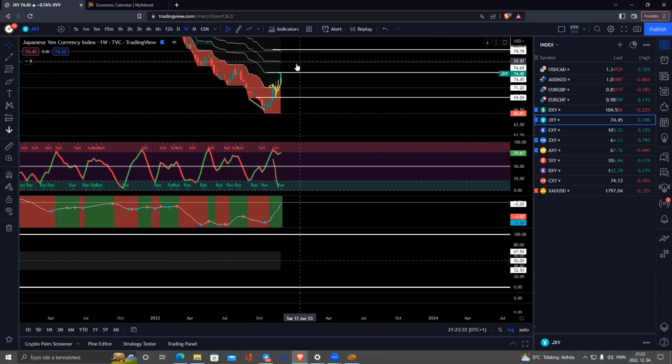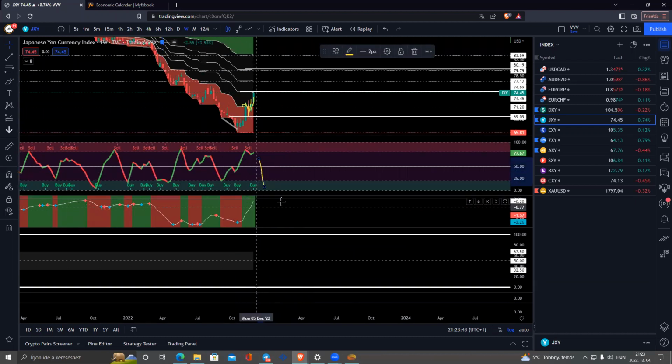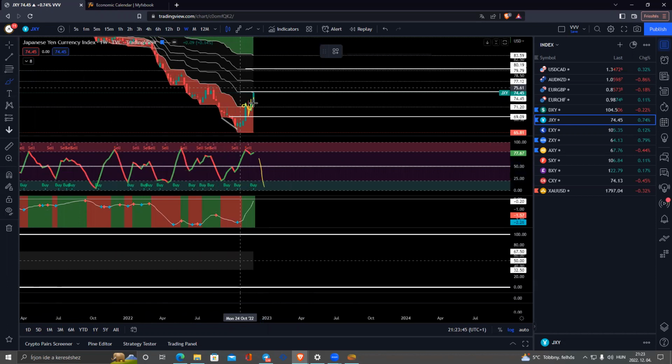It will depend on next week whether we're heading into the next target, or we are going down from the zero line. Also bounce, because here is already a divergence forming and we are still under the zero line. So let's see what the price does this week.